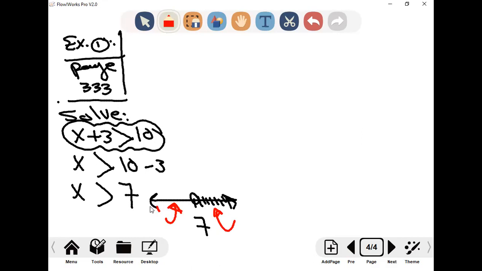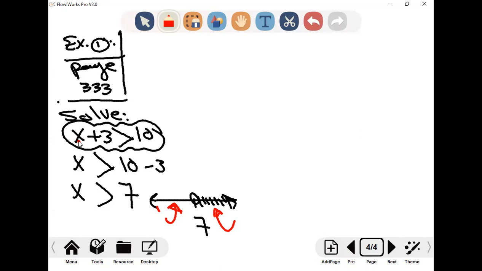Put 1 here. 1 plus 3 is 4. Is 4 more than 10? No. That's why this part is not shaded, because no number here is a solution. But all of these numbers here are solutions. Choose any number here, like 10. 10 plus 3 is 13. Is 13 more than 10? Yes.